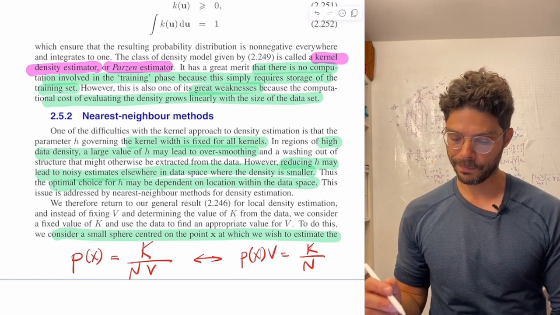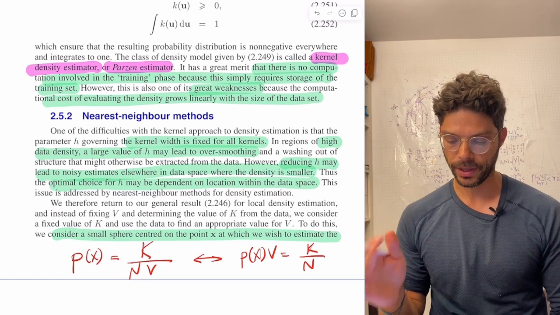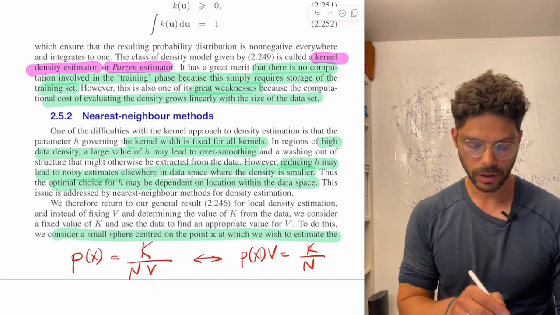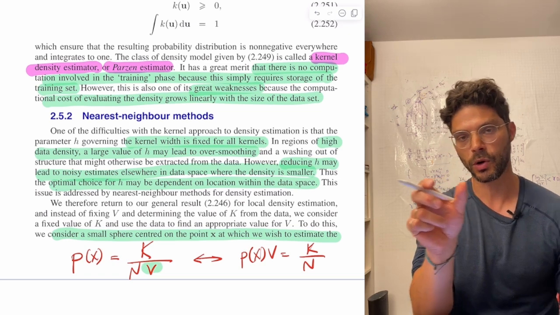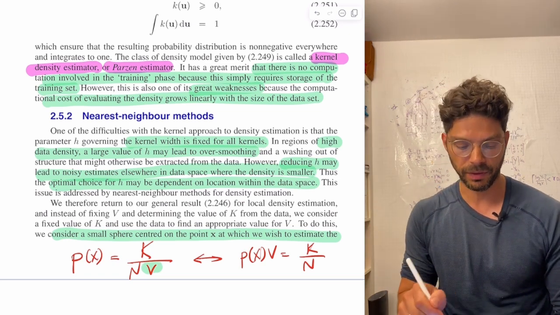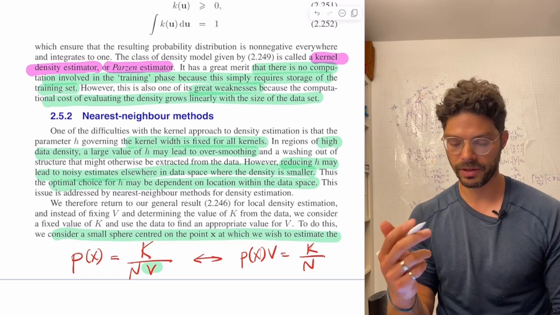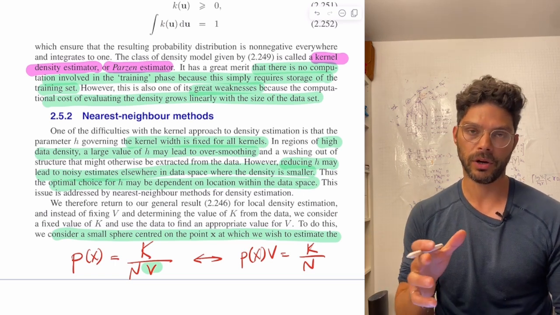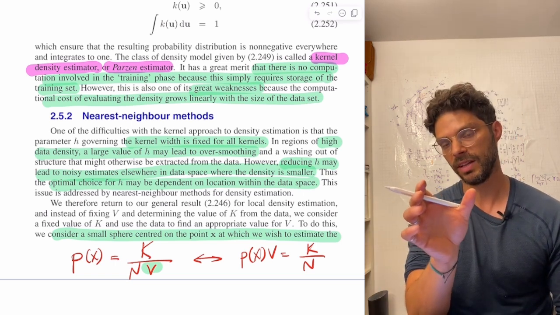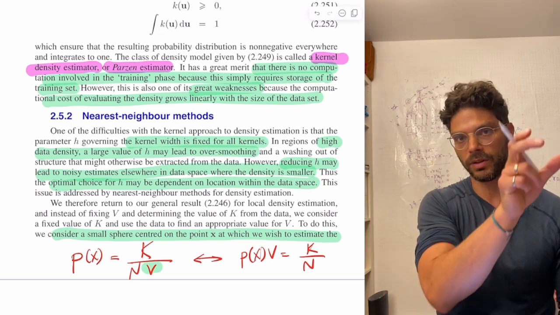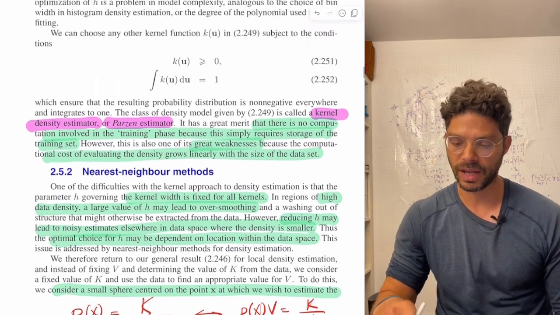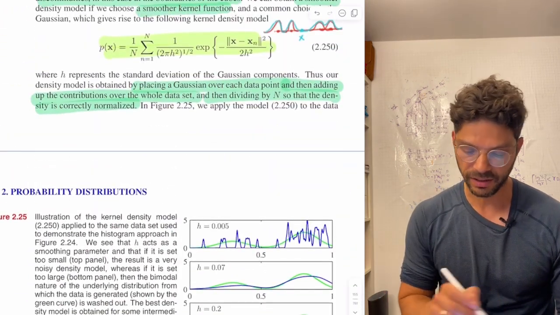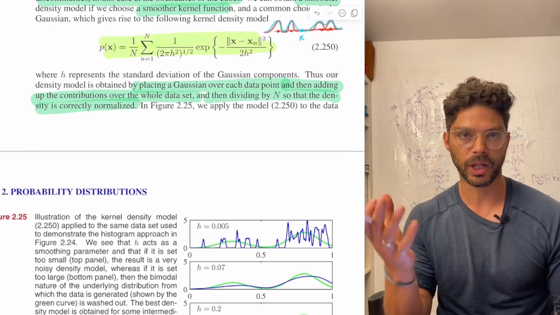Now the point was that with the kernel methods, as he pointed out, we fixed the volume. So we had this fixed size, and then we just go around counting K. N is fixed, K and V are the things that can vary. With the kernel methods, we would keep the volume the same, taking this little volume all over the space and counting how many points fall into it. Sometimes, for example here, we would get settings where the volume would be too small.